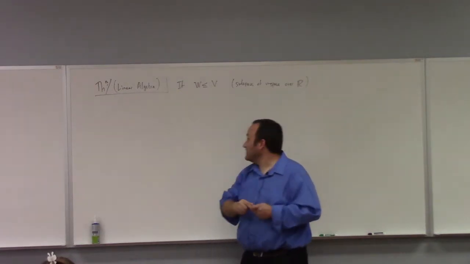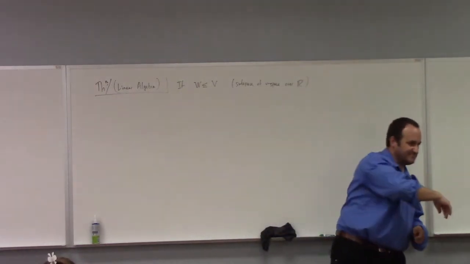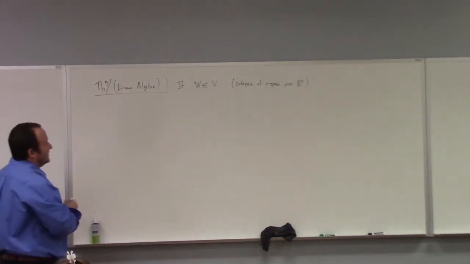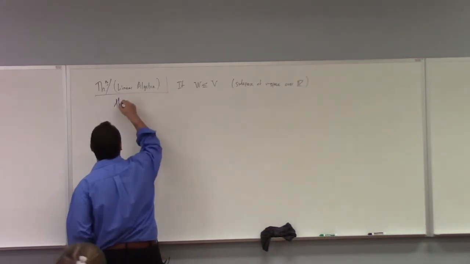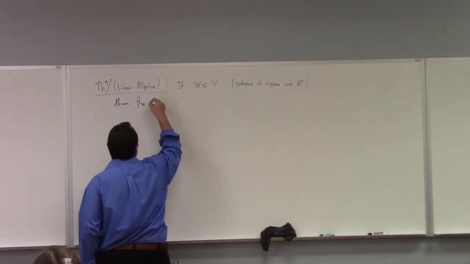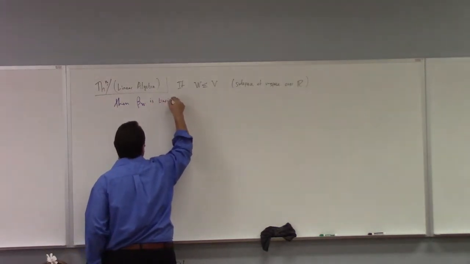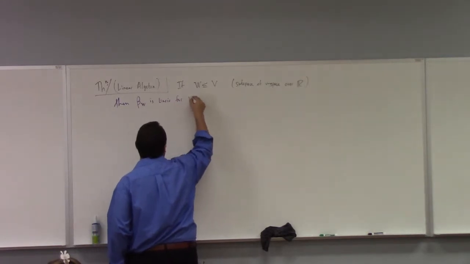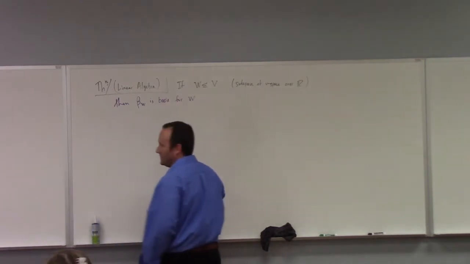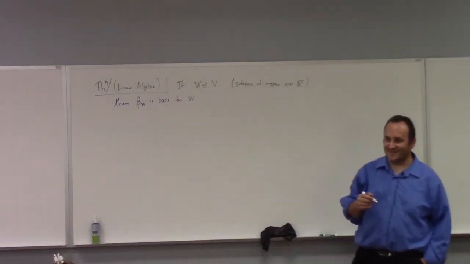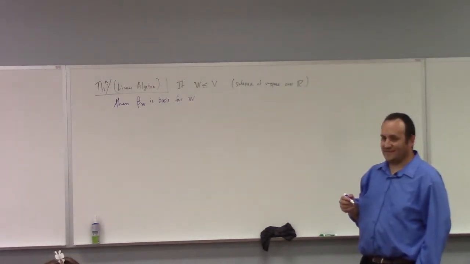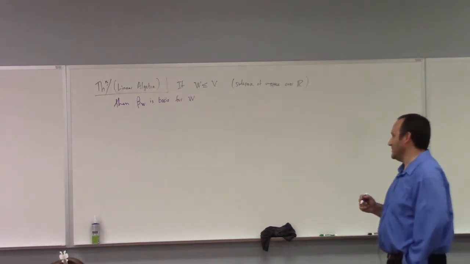If you have a subspace W of a vector space V, and beta sub W is a basis for W. What's a basis? It's a linearly independent spanning set for W, right?